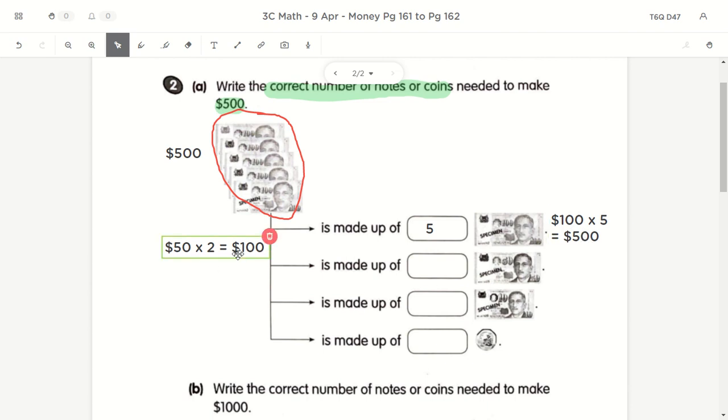So there are 5 groups of 100, and there are two $50 notes in each group. So since there are 5 groups of 100 and in each group of 100 there are two $50 notes, therefore 5 times 2 will give you 10. So answer here is 10.